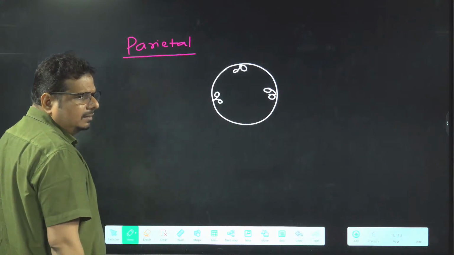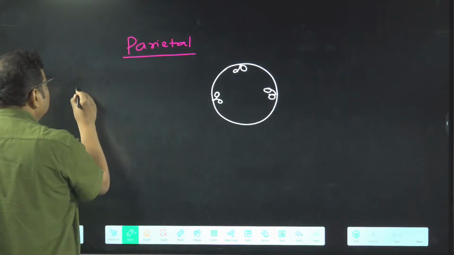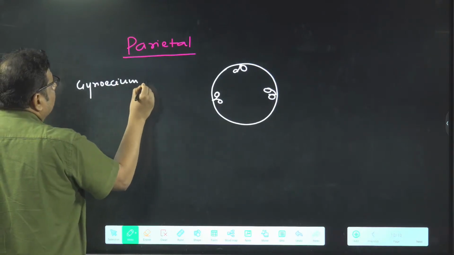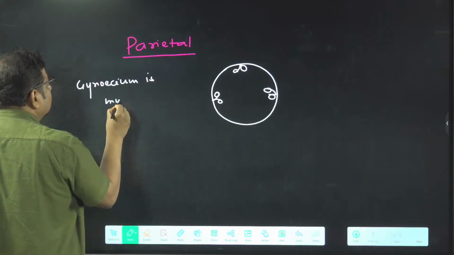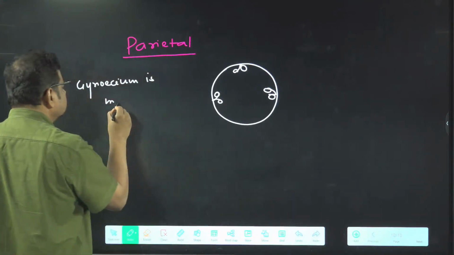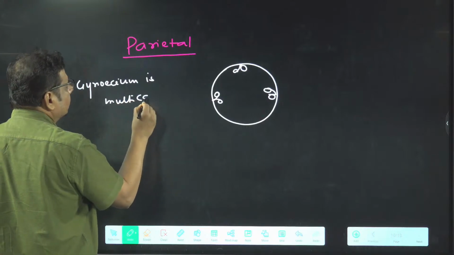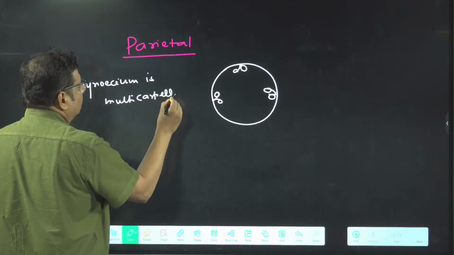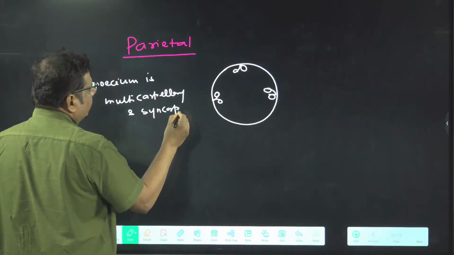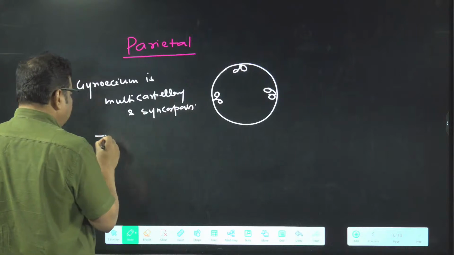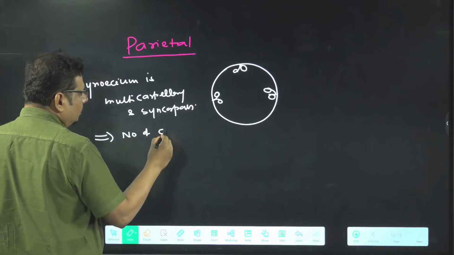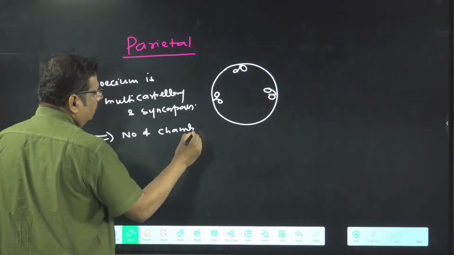Very first thing, getting the things. So here gynoecium is which one? Multicarpellary and syncarpous. Number of locules, number of chambers, 1.